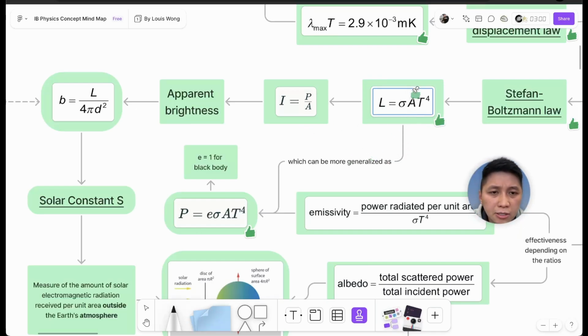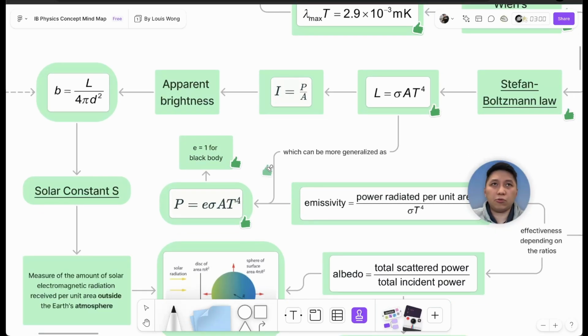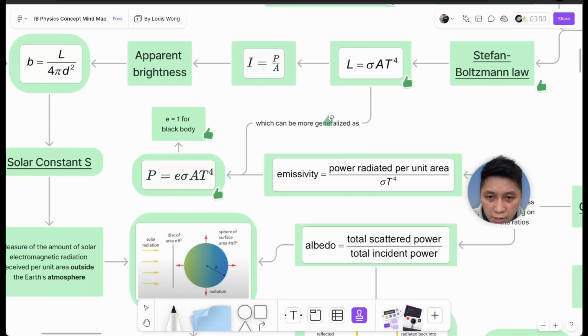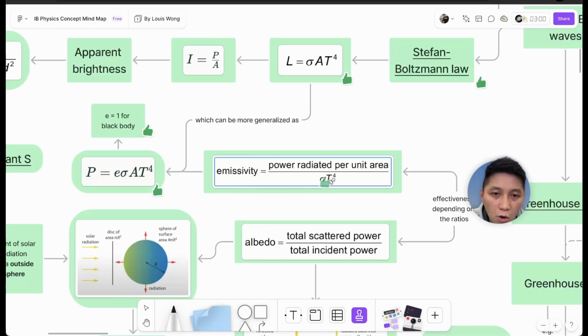Notice that the one you see here, which is in the data booklet, is assuming the emissivity e equals 1. Okay, because to simplify, they treat it as a black body for the system. And for the power equation here about radiation, this is not the one you see in the data booklet.